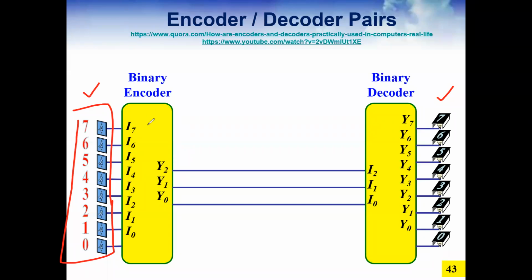How many bulbs are there? There are 8 bulbs at the output, right? So we want to control them. How many switches do we need? We need 8 switches, a 1-to-1 connection.